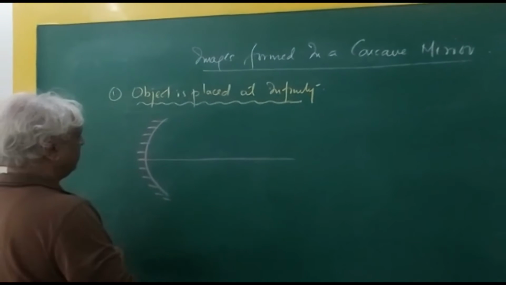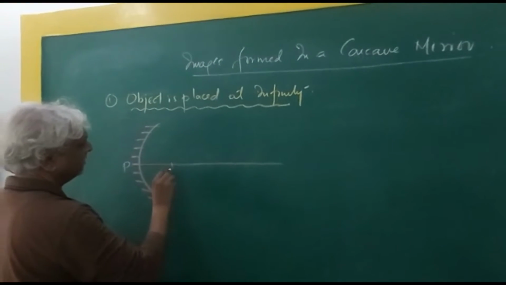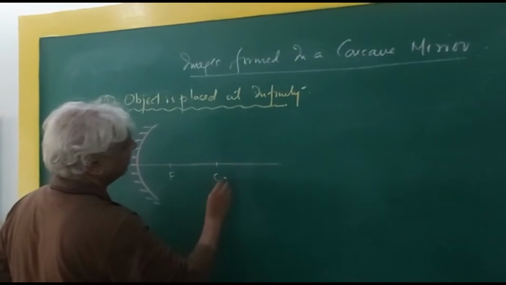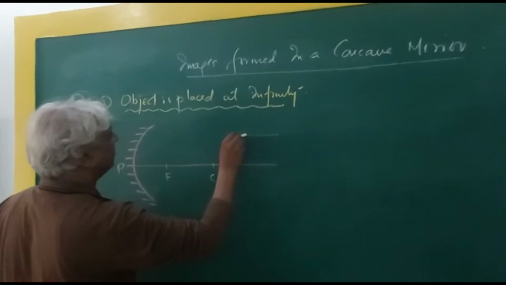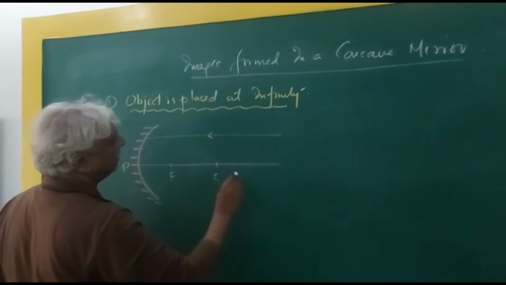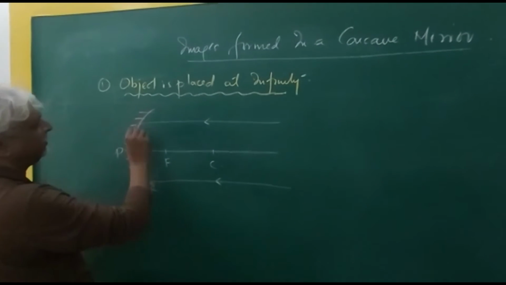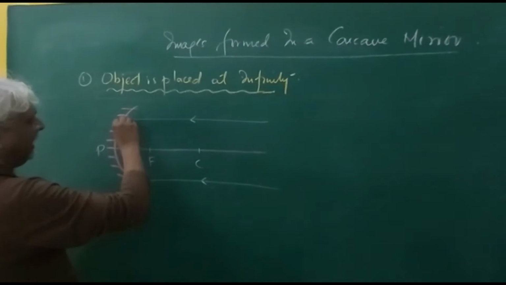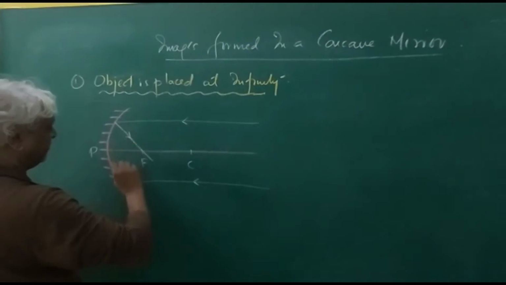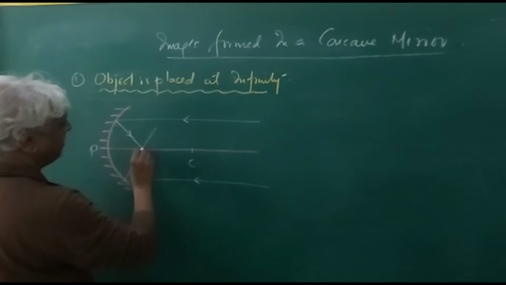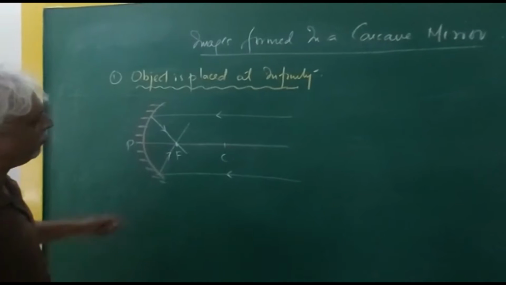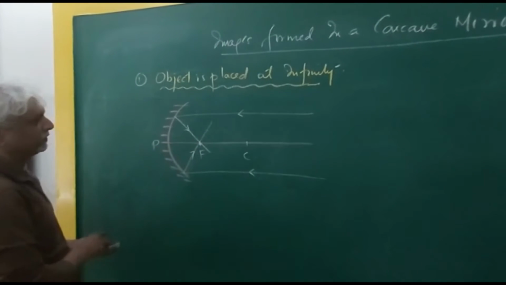So you have the pole over here, focal point, center. When the object is placed at infinity, the rays of light strike the mirror and will meet at this point, the principal focus. So your image will appear over here. The image will form at the principal focus.